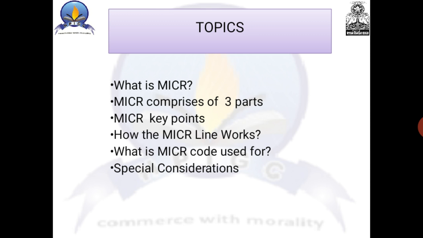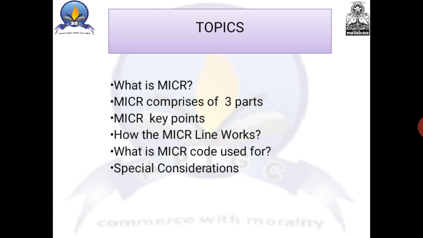Today's topic is MICR. Before putting a light on MICR, let me talk about IFSC. The IFSC code is used by electronic payment system applications such as real-time gross settlement, NEFT, and centralized funds management system.